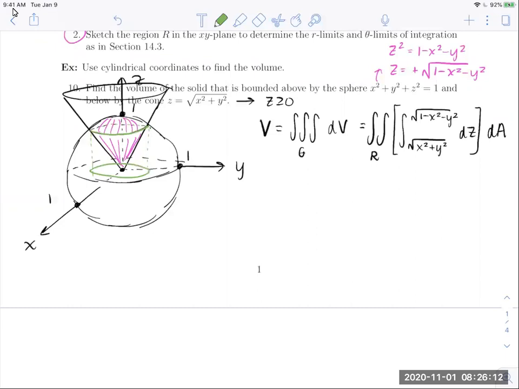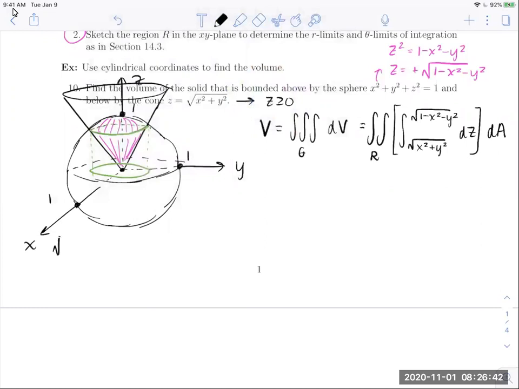However, before I can set up those limits of integration, I need to know more information about this projection circle. Specifically, what is the radius of the circle so that I can set up my r limits of integration. In order to determine that, I need to remember what it means for two surfaces to intersect. It means that they share common points that satisfy their equations. So since I already solved for z in both surfaces, I'm going to equate those two z values.